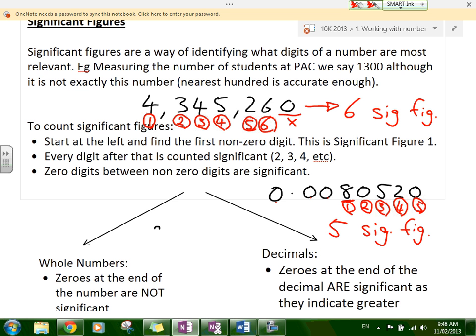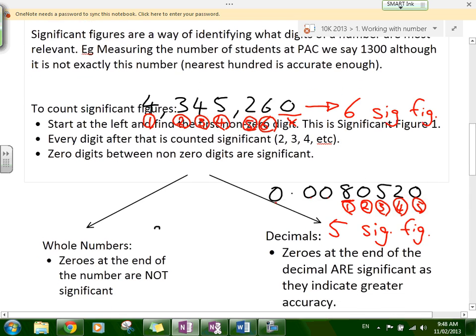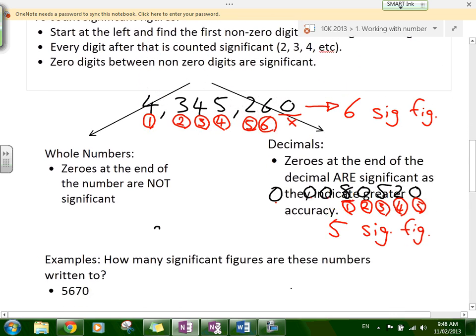Yes? Zeros at the end of decimals are counted, not at the end of whole numbers. So that's just the main difference between decimals and whole numbers. Zeros at the end of decimals are counted, zeros at the end of whole numbers are not counted. Alright? Good. Here's a couple of examples.